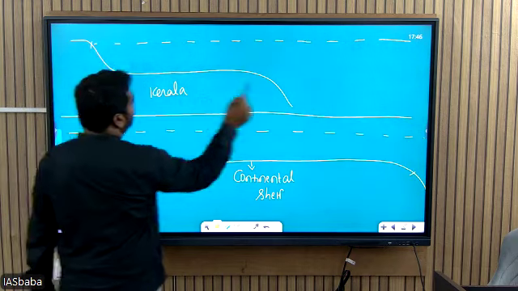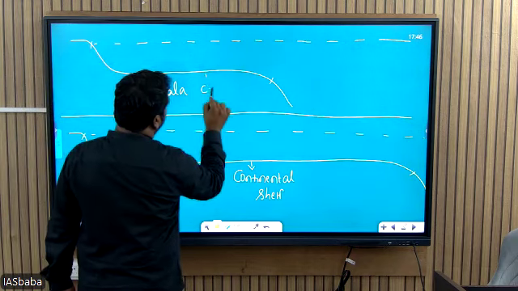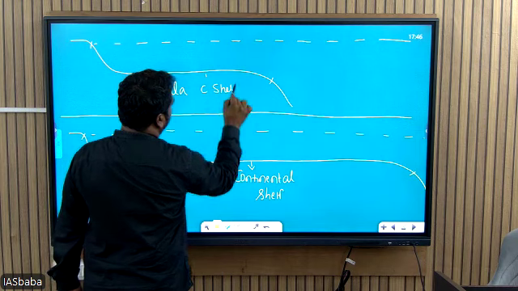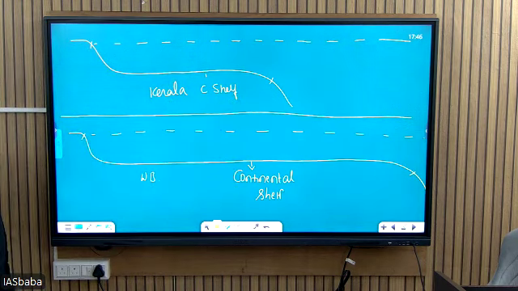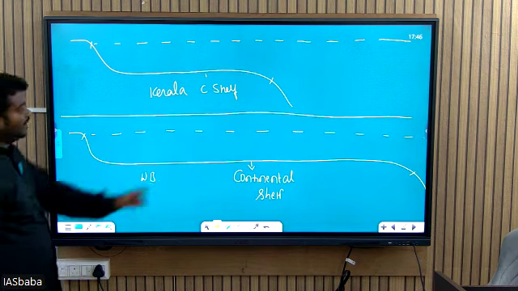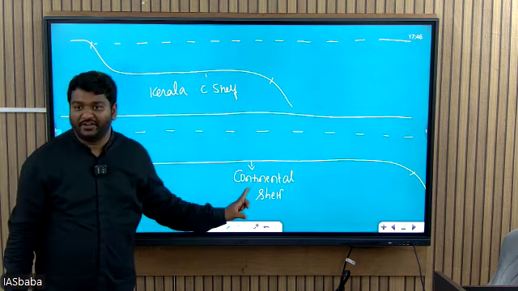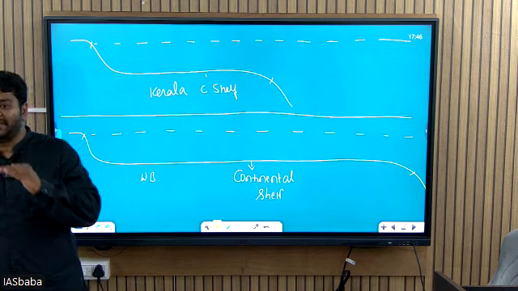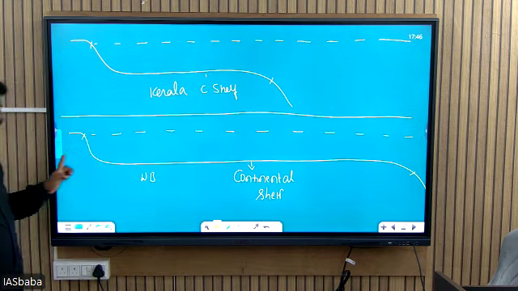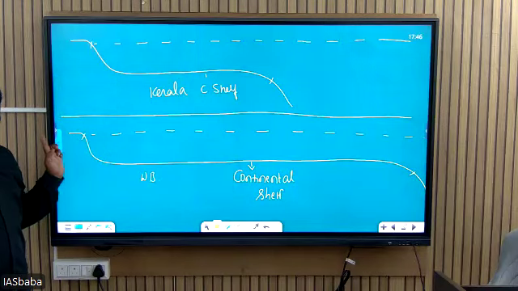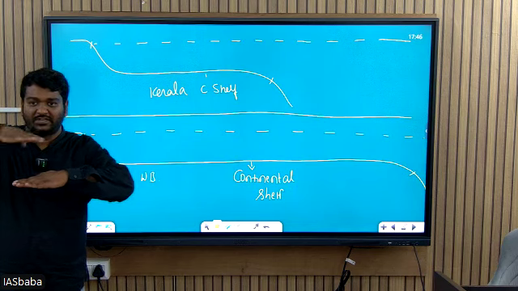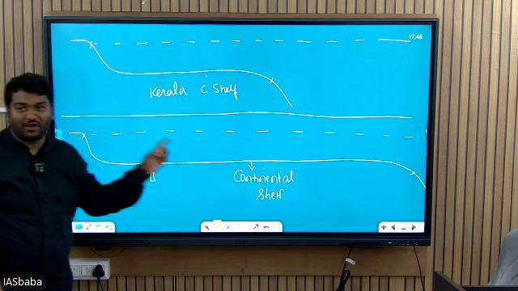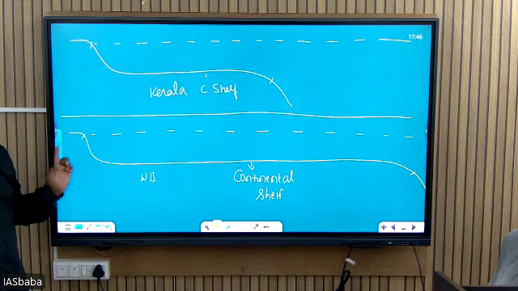Here, from here to here, it is called the continental shelf. As the term itself indicates, it represents the continent. Continent basically means it belongs to this area. Just water has come over it. So actually this belongs to us.